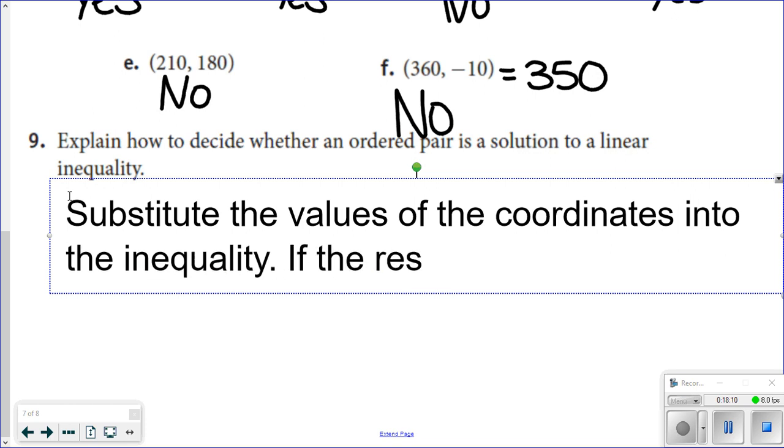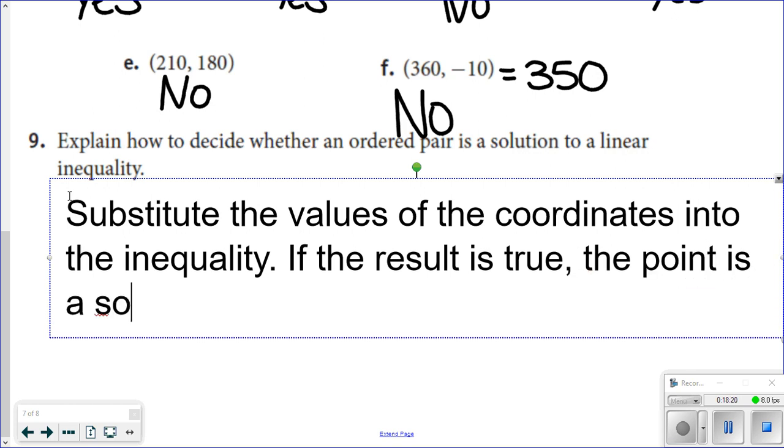If the result is true, or if it's a true statement, the point is a solution. If the result is false, then no, it is not a solution.